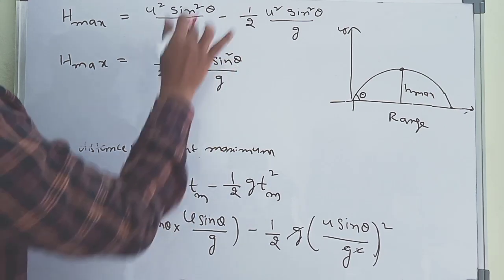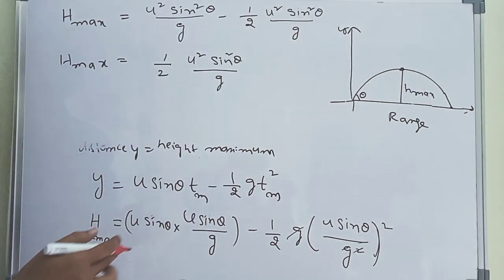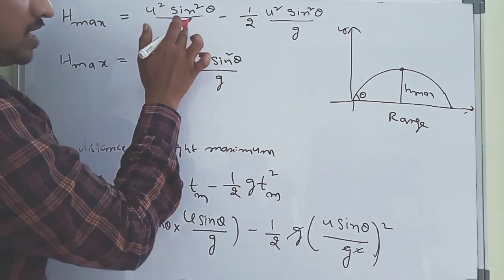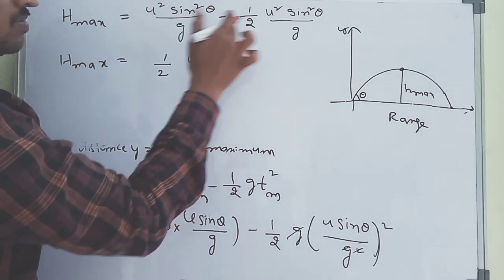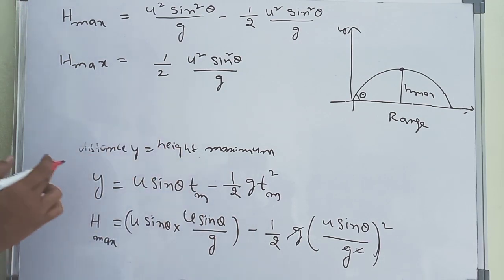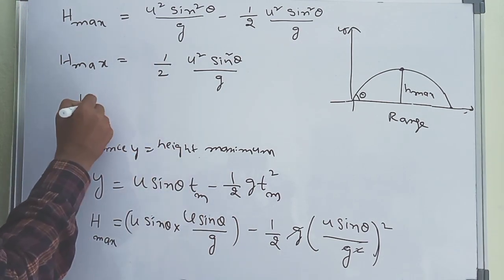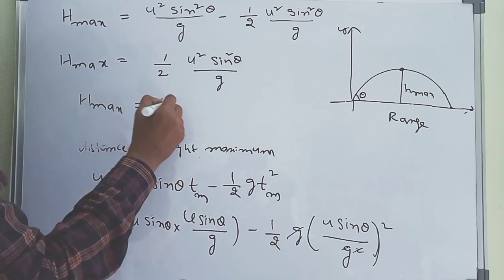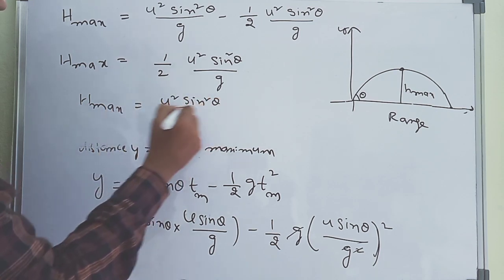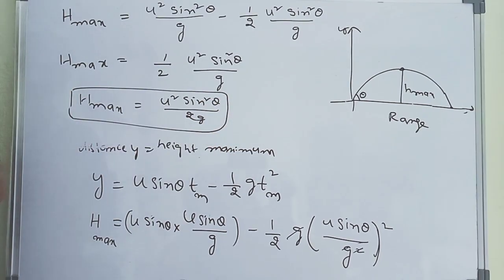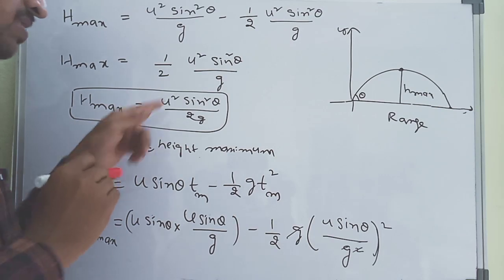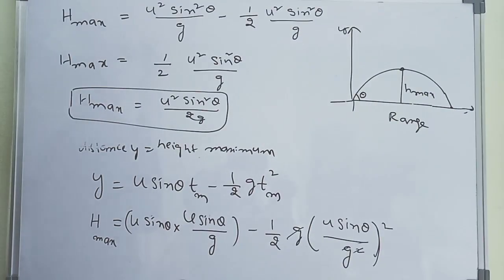So h maximum is equal to u square sin square theta by 2g. U square sin square theta by 2g is the maximum height of the projectile.